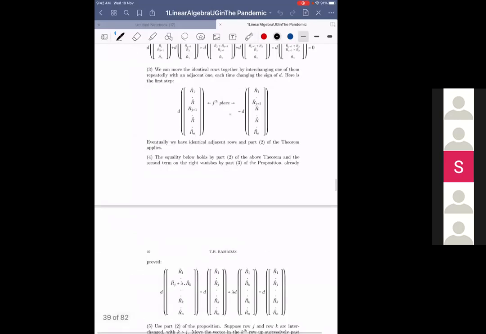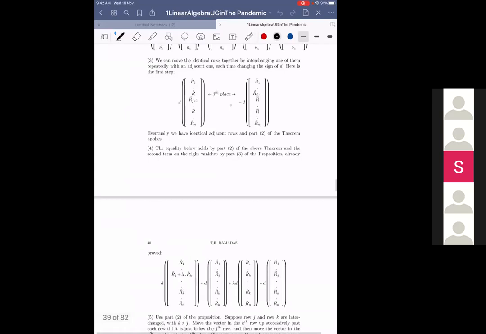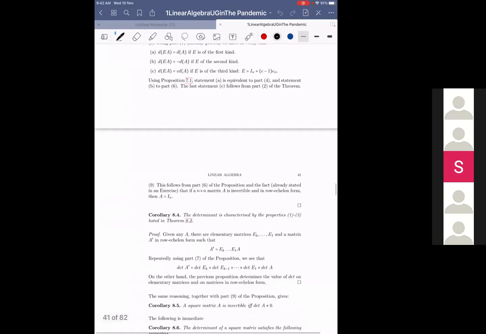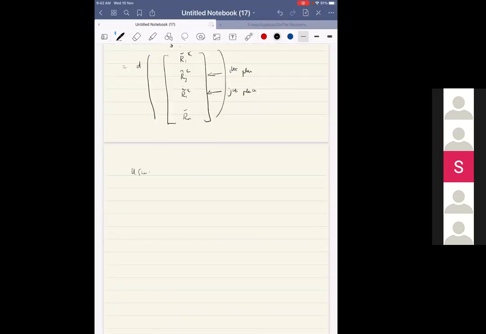So using property 5, part 5 of the proposition, whose proof we have skipped, we see that D of this matrix is minus D of the identity matrix.